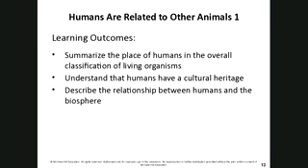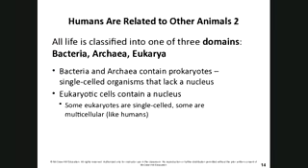So how are we related to other animals? Well, if we look at the grand scheme of things, when we talk about living organisms that have those characteristics of life that we have agreed upon, we can take all of those living organisms and group them into three domains: bacteria, archaea, and eukarya. Humans fit into the domain of eukarya.